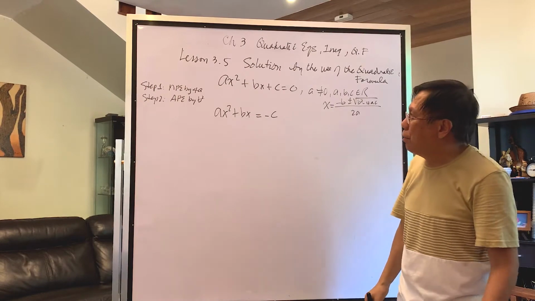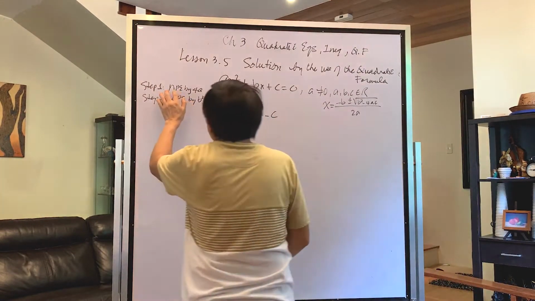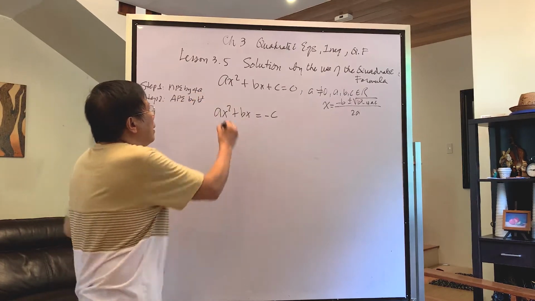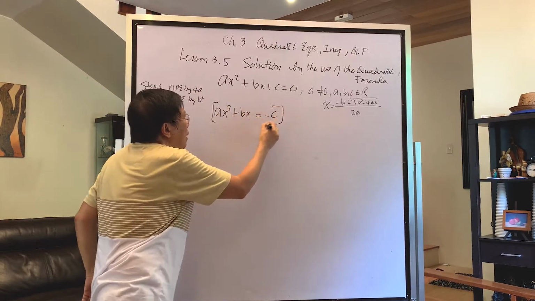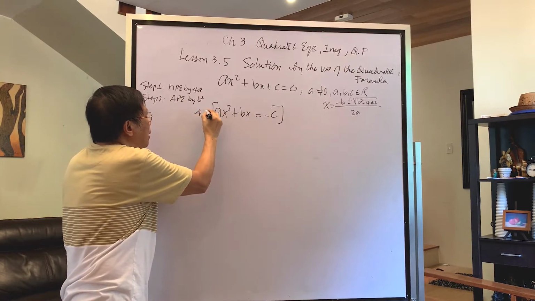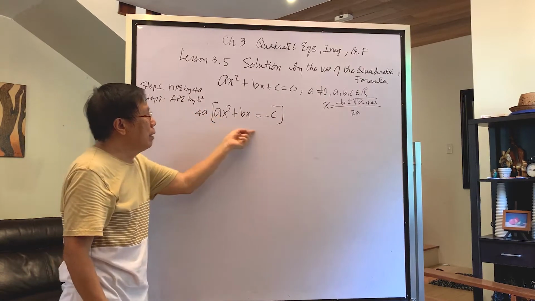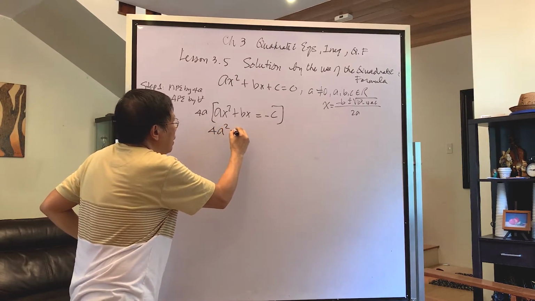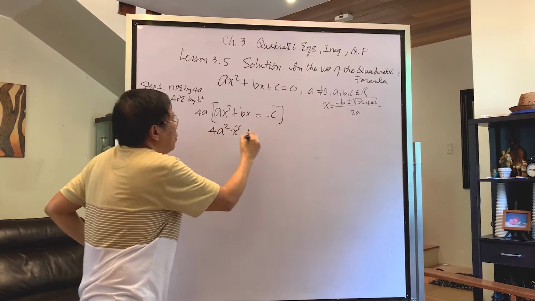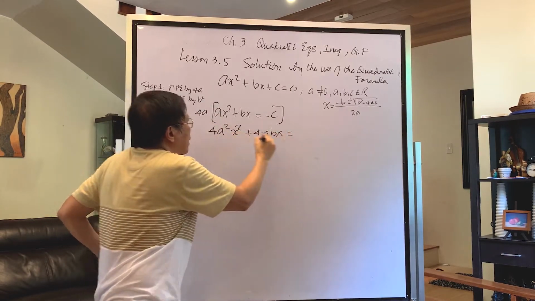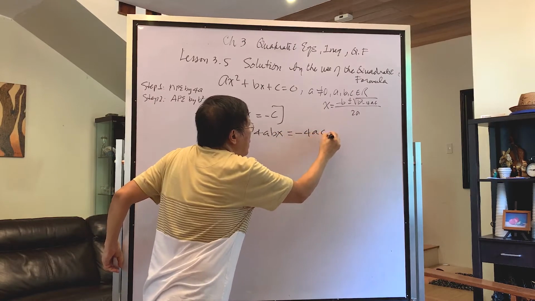Then, we are going to apply the multiplication property of equality by the value of 4a. Incidentally, the value of 4a is the same as 4 times a. So we multiply everything by 4a. Multiplying the given equation by 4a will give us 4a squared x squared plus 4abx equals negative 4ac.